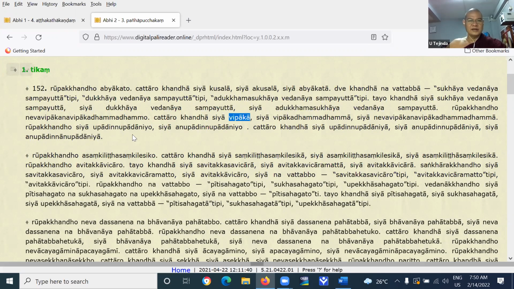Rupa Khanda siya upadinnupadaniya. Upadinna upadaniya. Rupa Khanda upadinnupadaniyo.